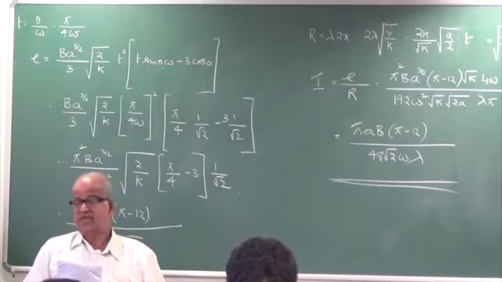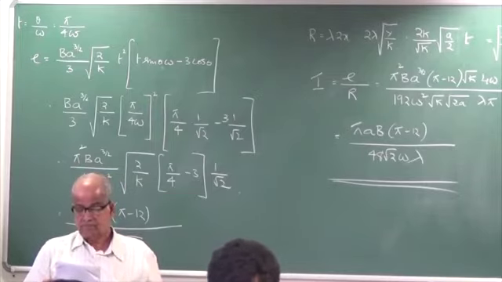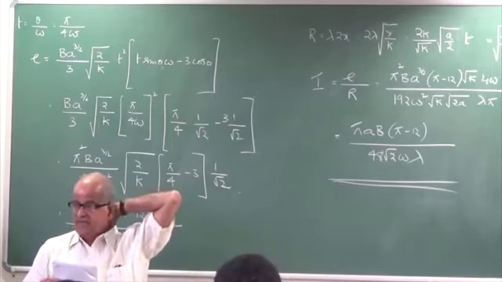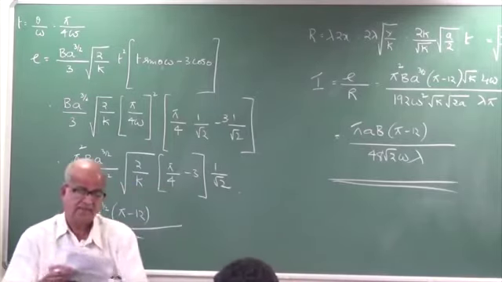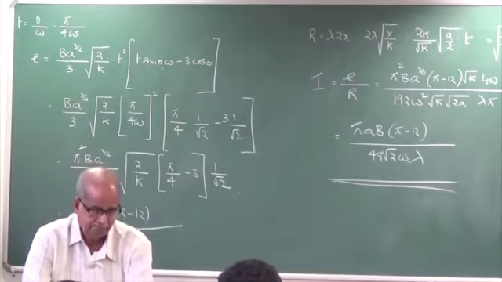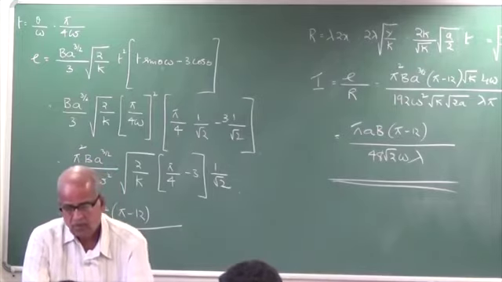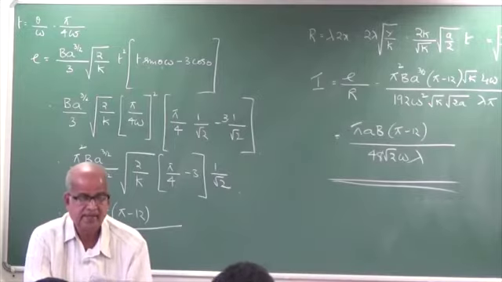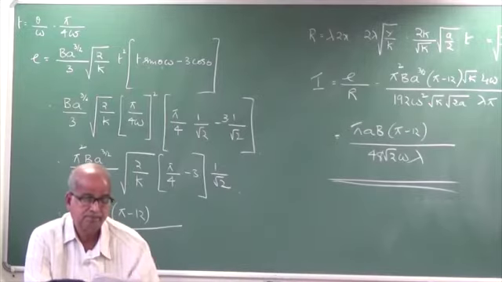The system is located in a uniform magnetic field capital B applied perpendicular to the plane of the loop.